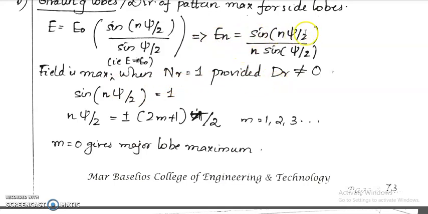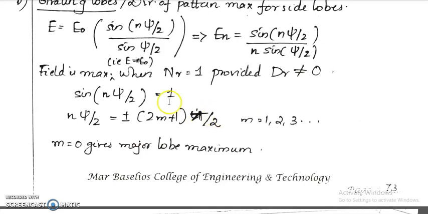That means the numerator term sin(n psi by 2) equals 1, and sine will be 1 at odd multiples of pi by 2. So we equate n psi by 2 equal to plus or minus (2m plus 1) pi by 2, and m is equal to 1, 2, 3 etc. What is the reason? Here we do not consider m equal to 0. Why?